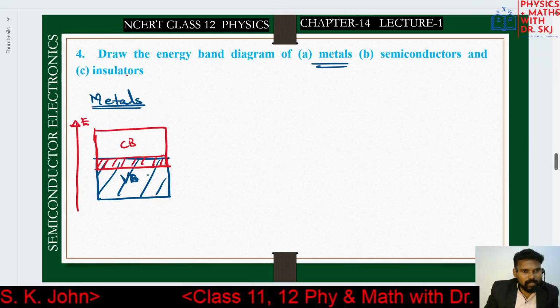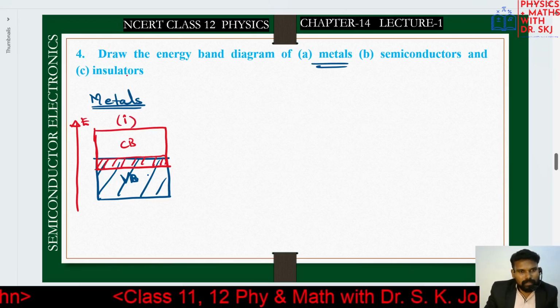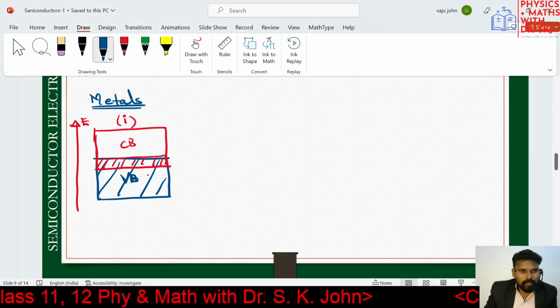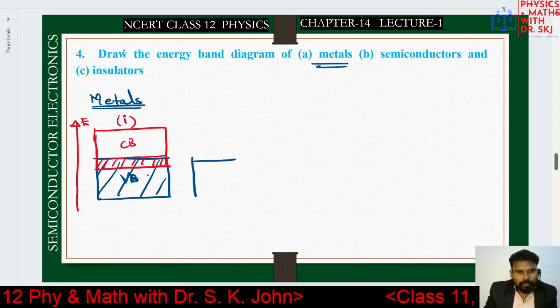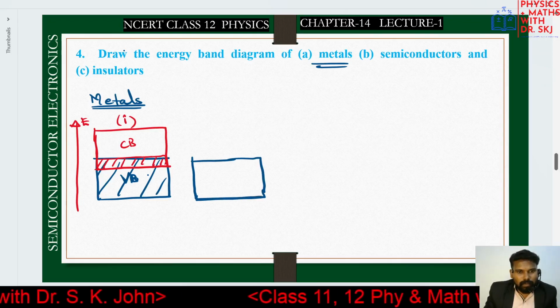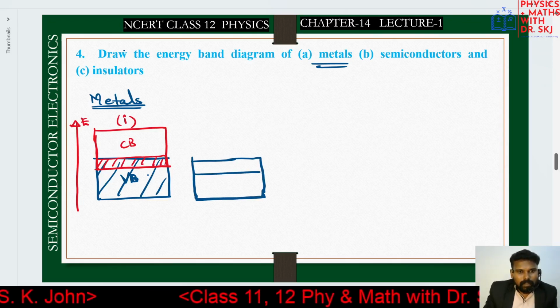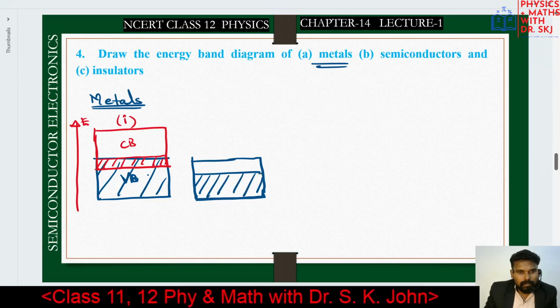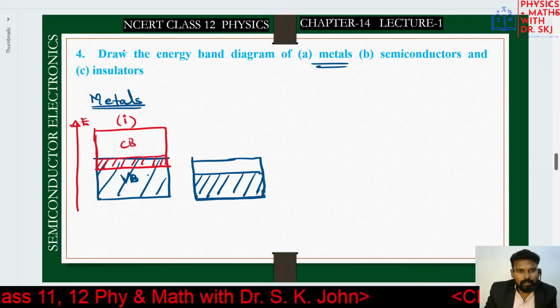But in the NCERT textbook, one more diagram is given. It is like this. There is a valence band. This valence band is not fully occupied. It is partially empty. Partially empty means up to this it is filled, but there are some empty levels also here.